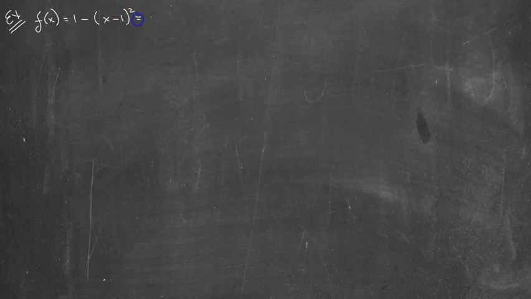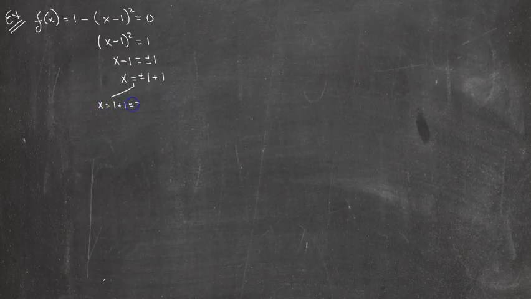So I'm going to set my function equal to 0, and then I'm going to solve for x. So x minus 1 squared equals 1. Take the square root of both sides. X minus 1 equals plus or minus 1. And so x equals plus or minus 1 plus 1. That means I have a root at x equals 1 plus 1, 2.